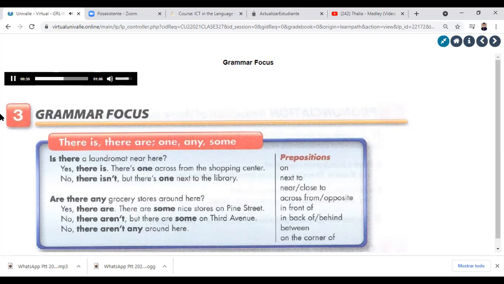No, there aren't any around here. Prepositions. On. Next to. Near. Close to. Across from. Opposite. In front of. In back of. Behind. Between. On the corner of.